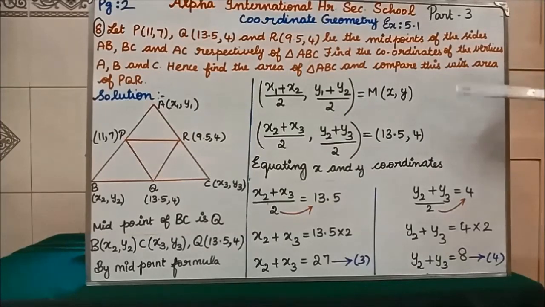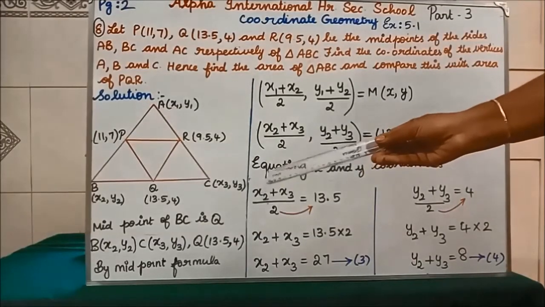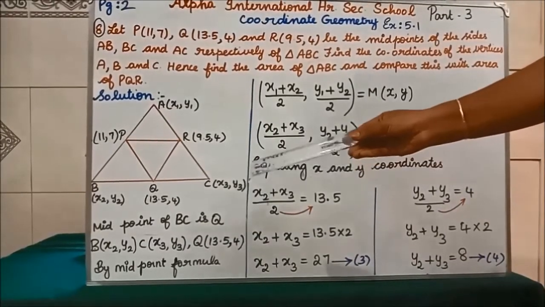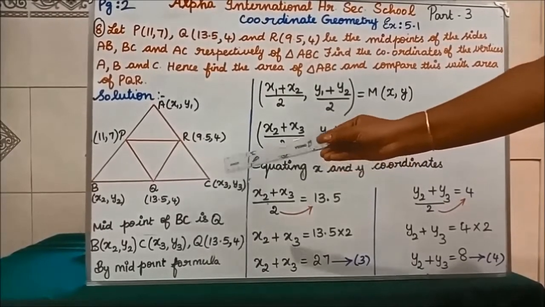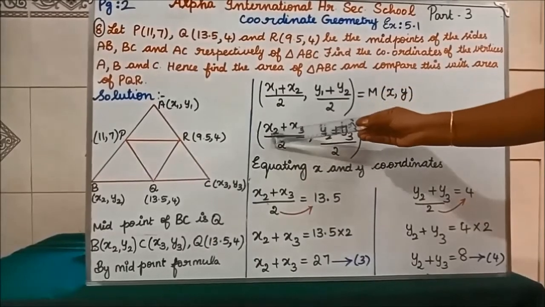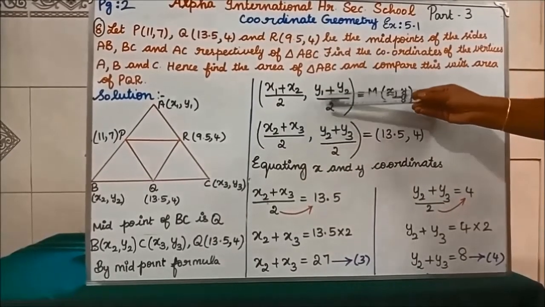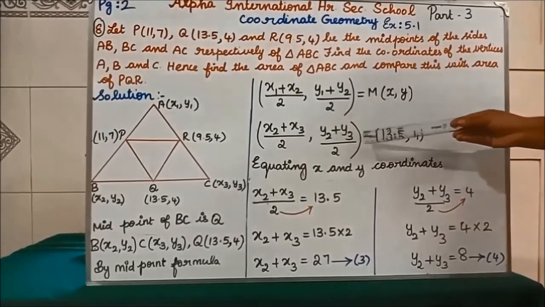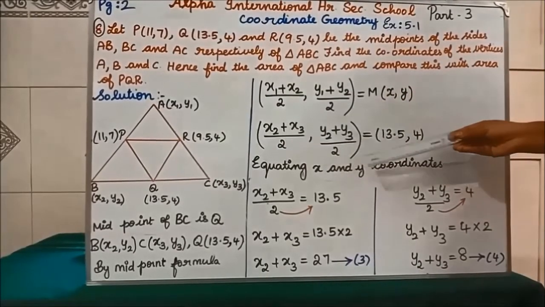Now see the points. Instead of x we have x2, x3, and instead of y we have y2, y3. So wherever you have x, substitute x2, x3, and wherever you have y, substitute y2, y3, divided by 2, divided by 2.